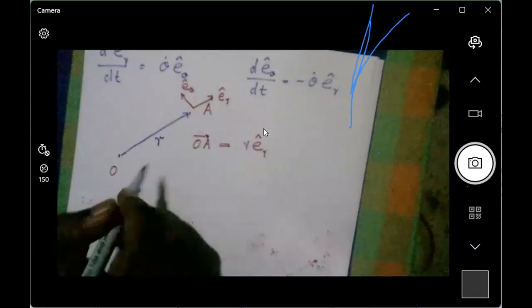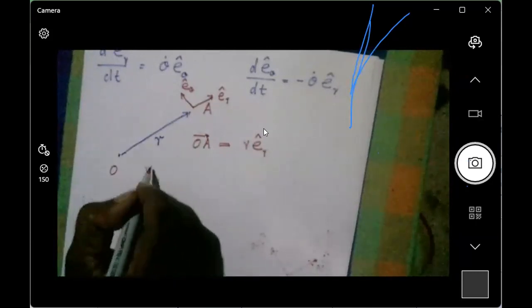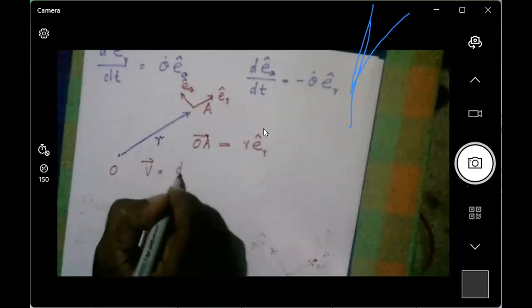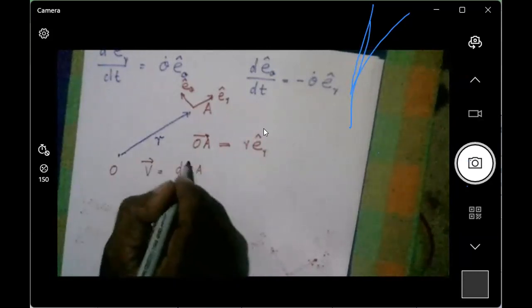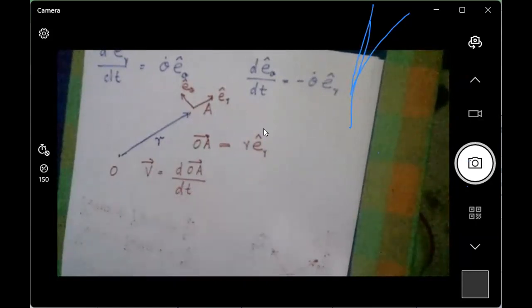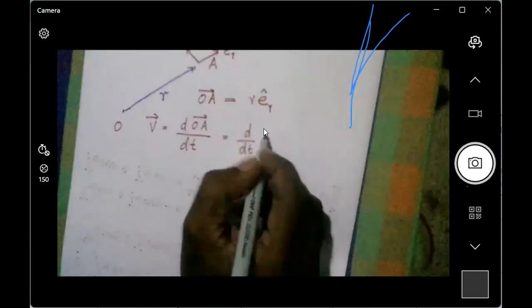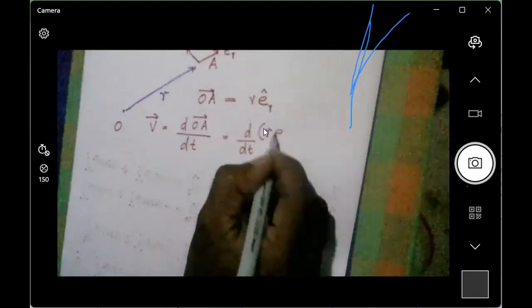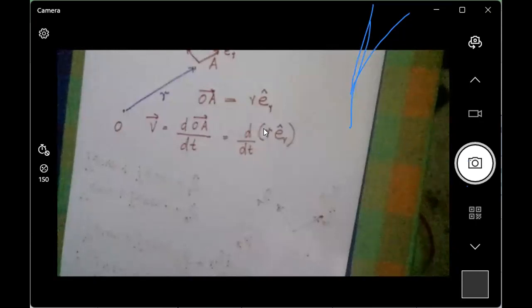Now find the velocity. v is what? d OA over dt. That means d over dt of r e r hat. Can you try this one? We have everything. You just need to do the differentiation.